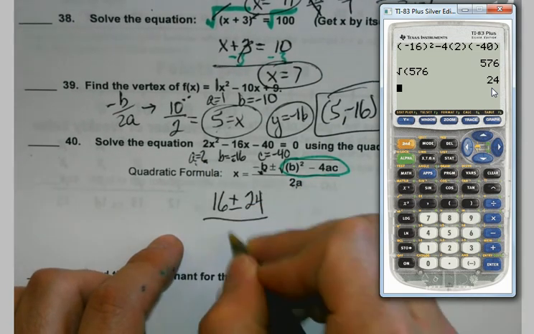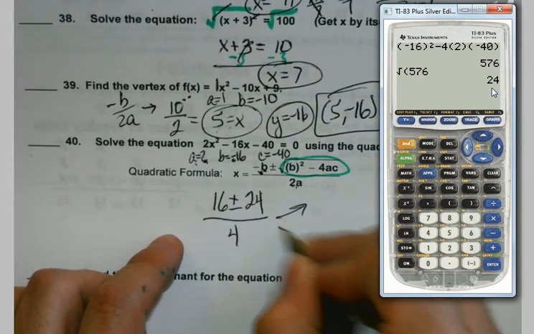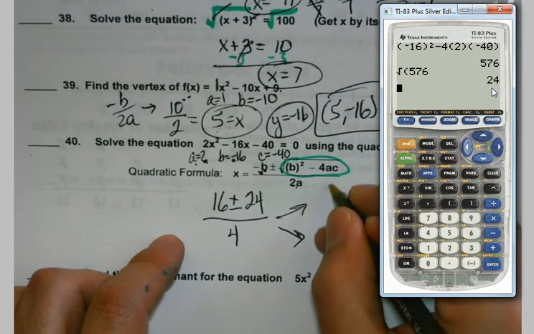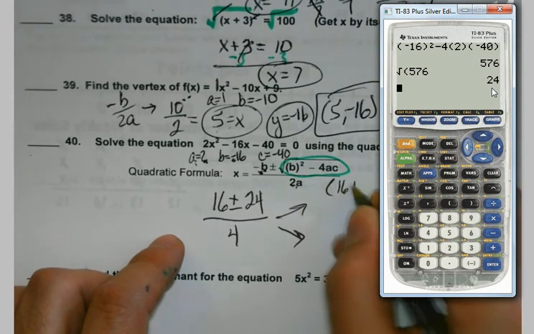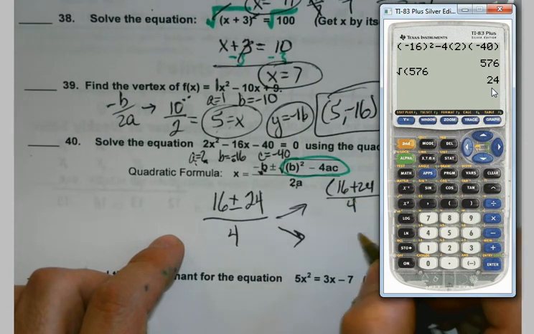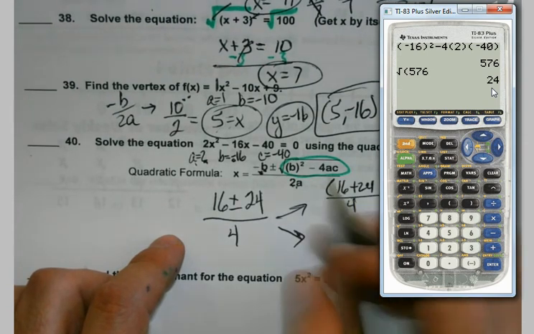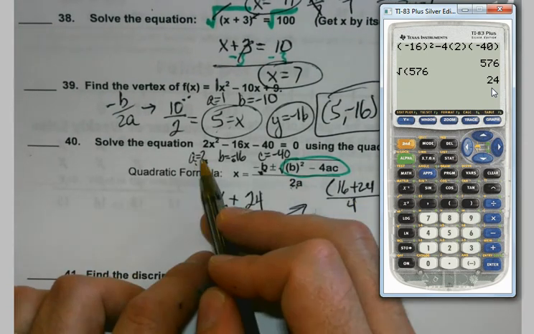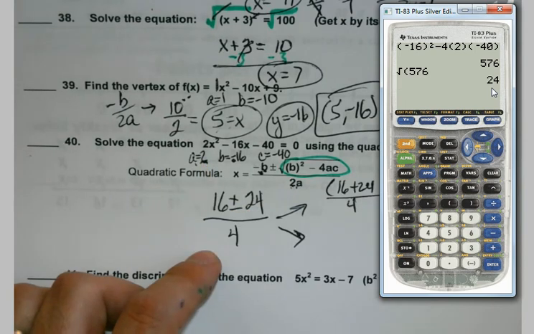So 2 times 2 is 4, but I don't get to leave it. I'm going to make 2 separate fractions, one using the plus. It's 2a, but it happens to be that the a in this case is 2, so that's where my 4 is coming from. It's just 2 times whatever my a value is.